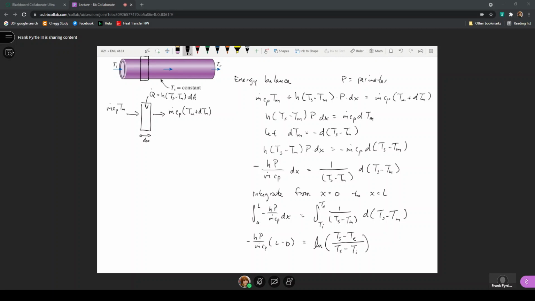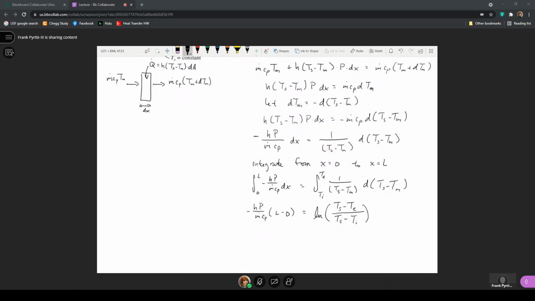So if I want to solve for the exit temperature, I rewrite this expression as the exponential of minus hP over m dot c sub p times L is equal to Ts minus Te divided by Ts minus Ti. Again, Ts is the surface temperature, Te is the exit temperature of the fluid from the pipe, and Ti is the inlet temperature of the fluid into the pipe.